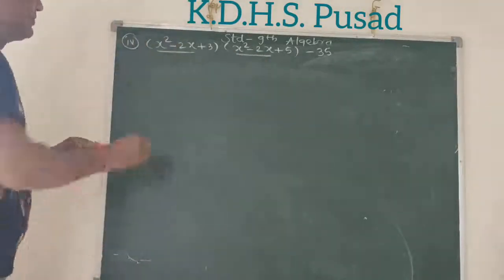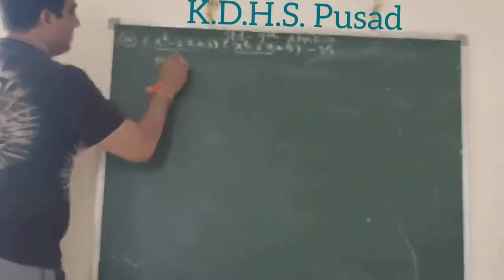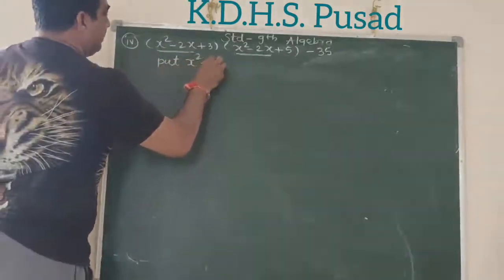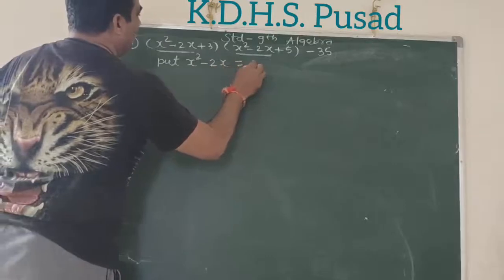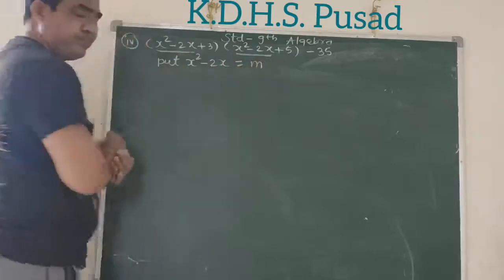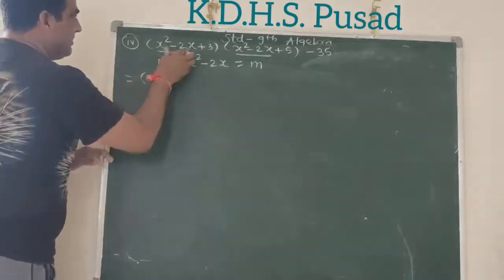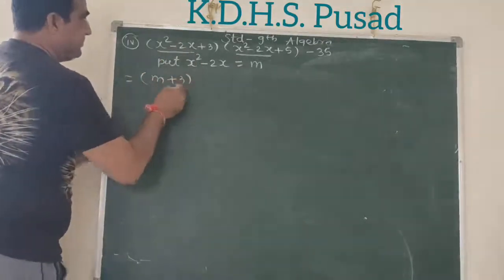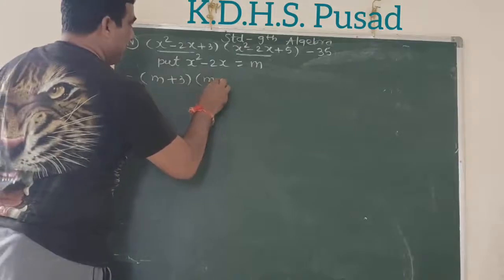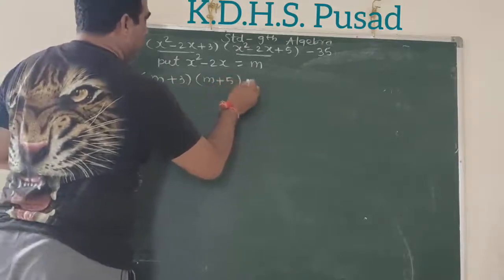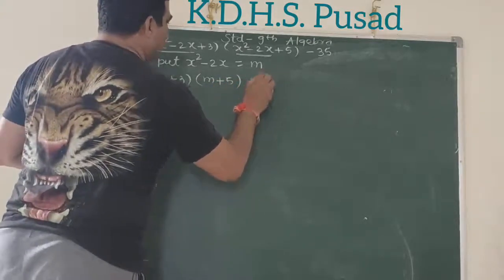Same, that is common. Put x square minus 2x is equal to m. So here what will we get? That is m plus 3, again m plus 5, and then minus 35.